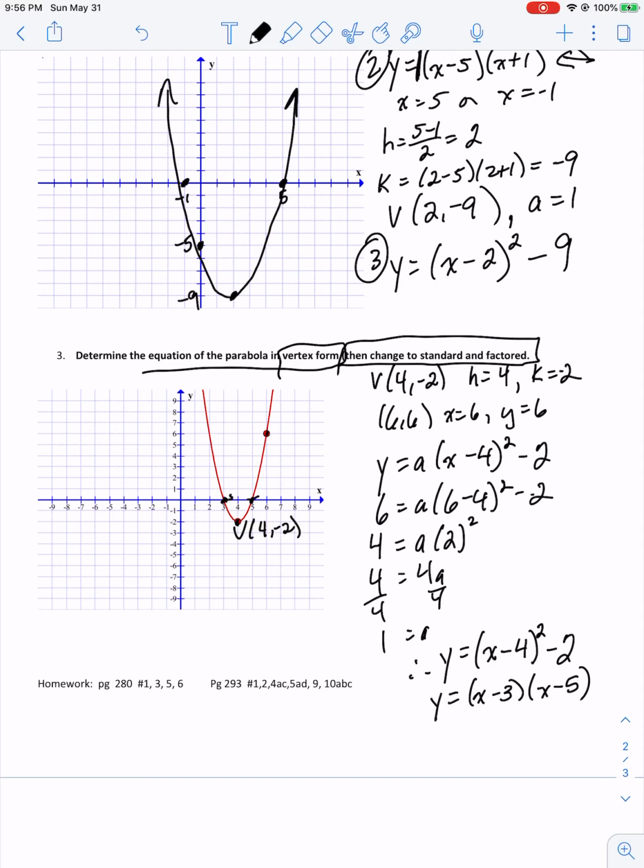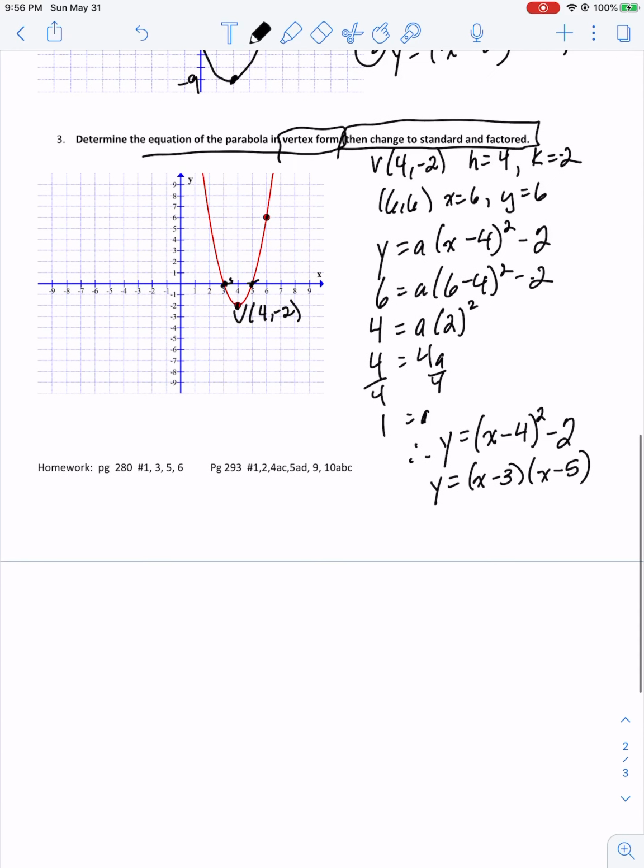And then in standard form, now before I go ahead and do this, I'm going to do standard form from vertex form. So if we have vertex form, y equals (x minus 4) squared minus 2. Remember, that means (x minus 4) times (x minus 4) minus 2.